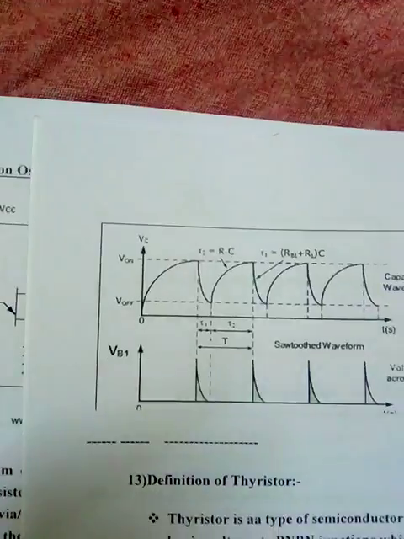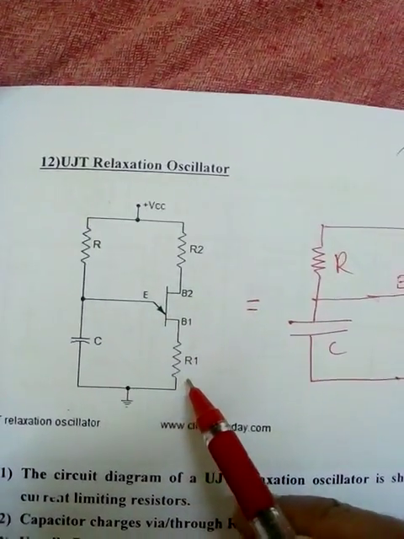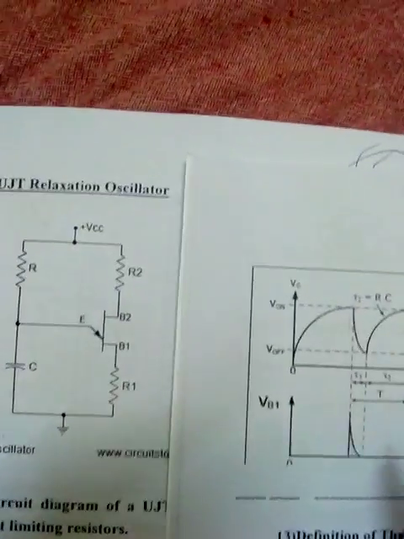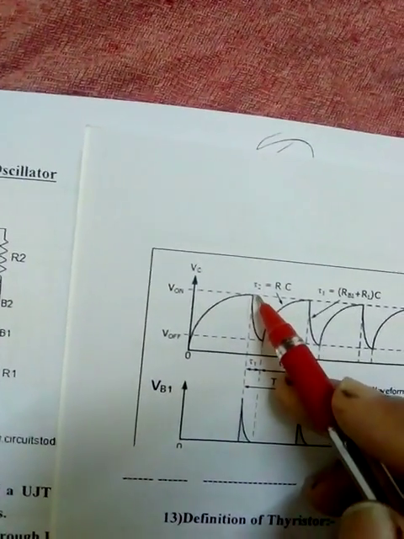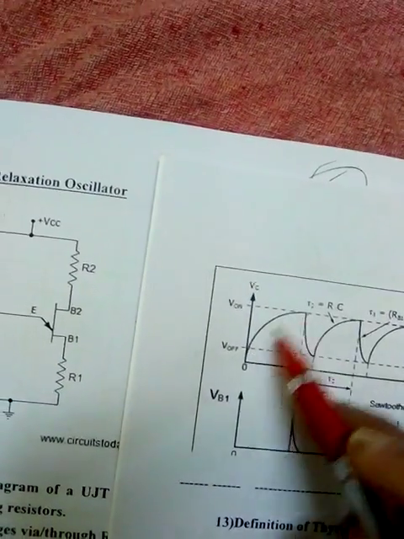Usually R1 will be small. We will keep it at a small value because we will explain later. Because then we will get high slope here. You can adjust.